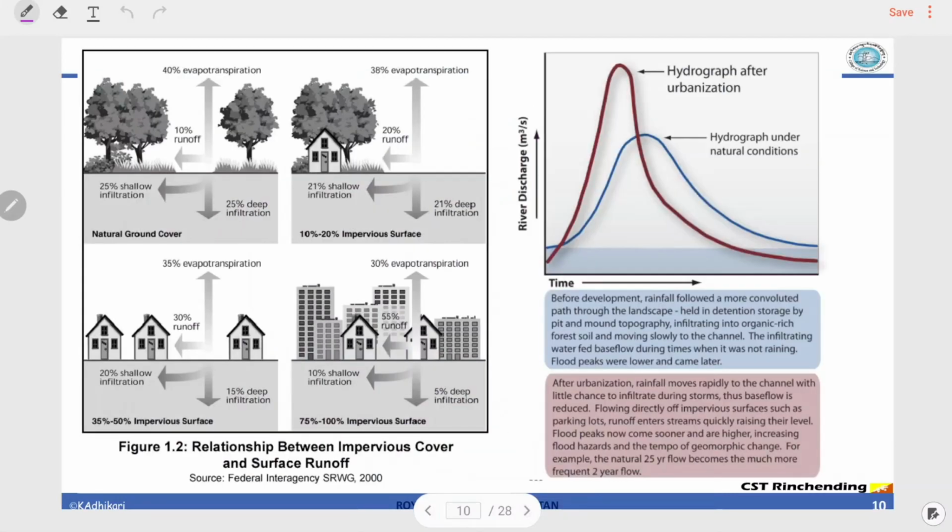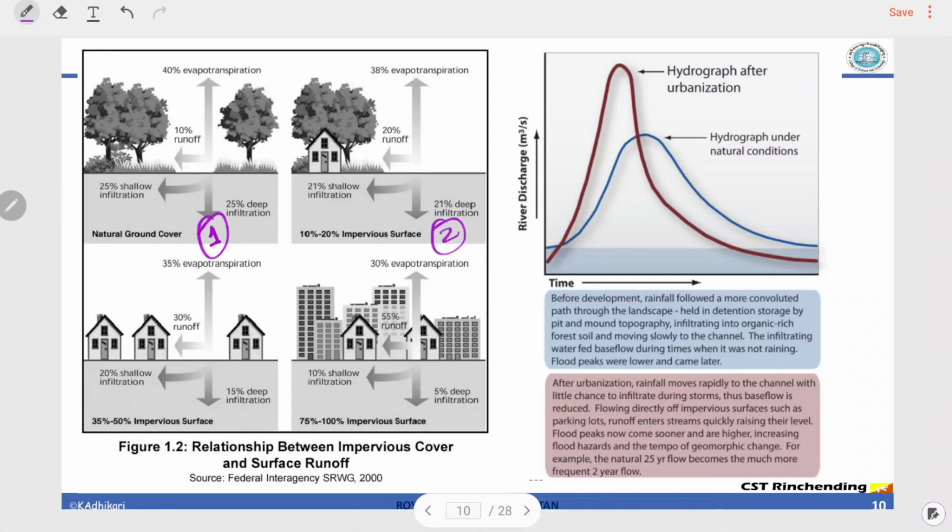As I was saying, human beings have altered the catchment, and that is changing the catchment runoff characteristics. You can see there is natural ground here. Let's take two conditions: one is natural ground and number two is impervious surface. Impervious surface means on the same ground people have paved with concrete, and now it is made impervious.